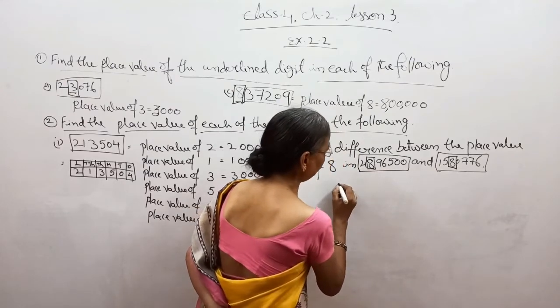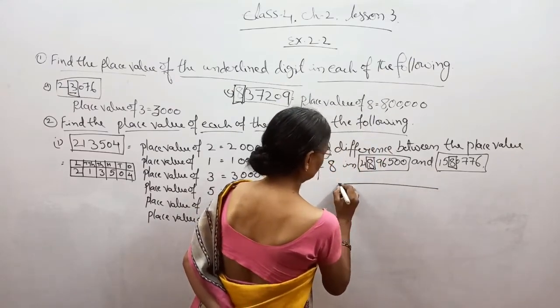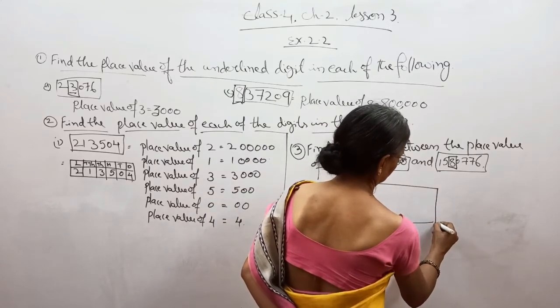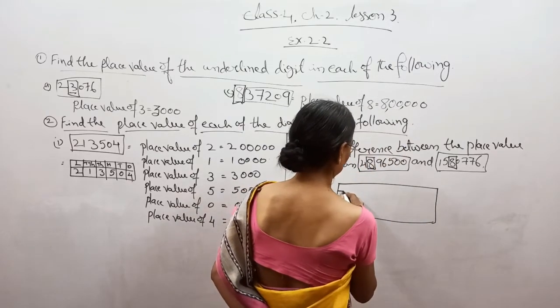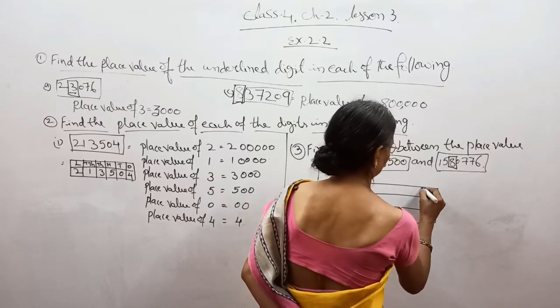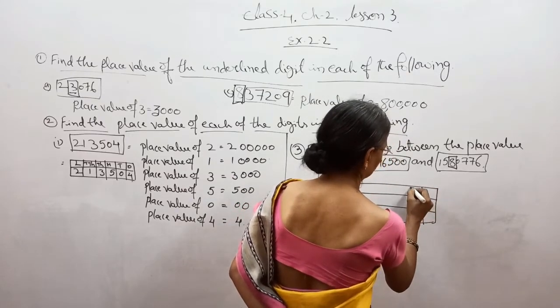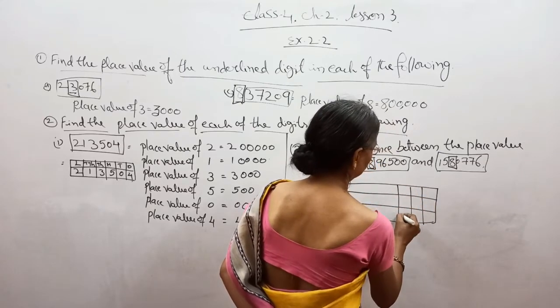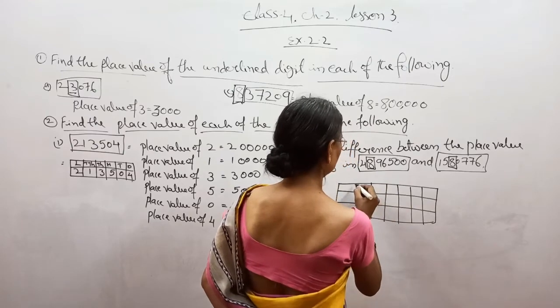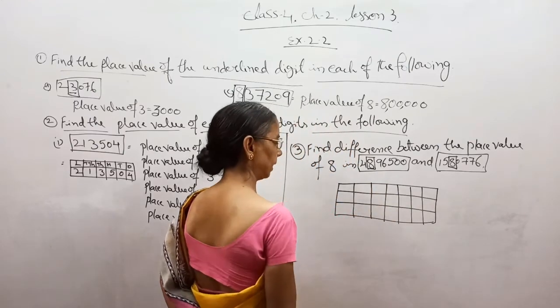Then simply go for a chart. Ones, tens, hundreds, thousands, ten thousands, lakh, ten lakh.